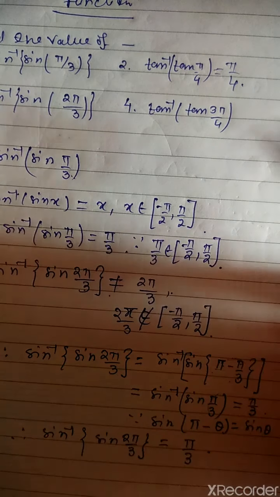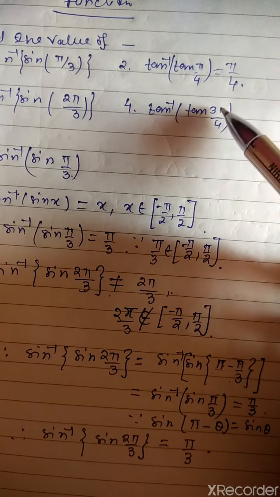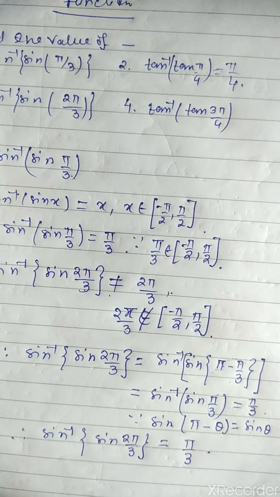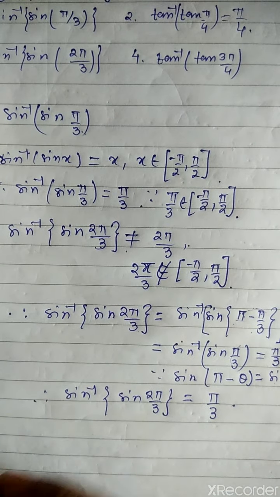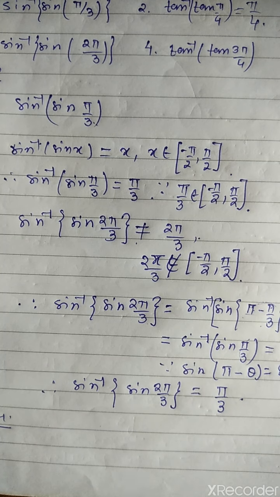So let us see the fourth question. The fourth question is tan inverse of tan 3 pi by 4. Again the same type. For tan theta, the angle lies in the range minus pi by 2 to plus pi by 2.